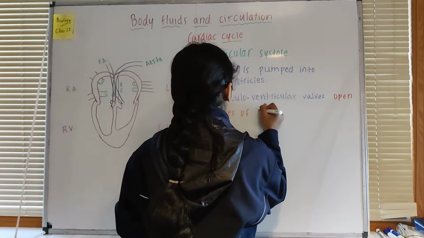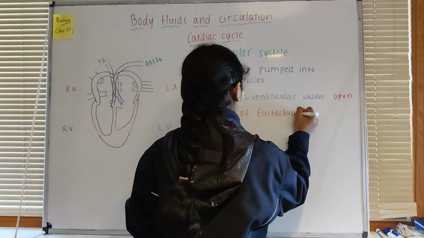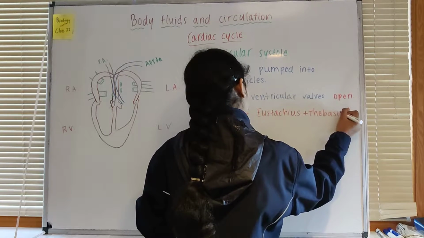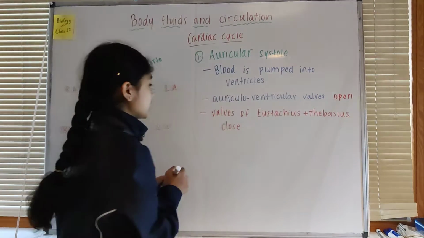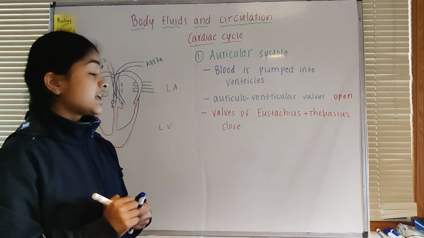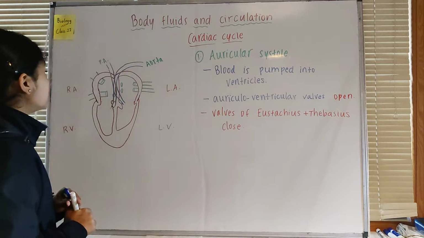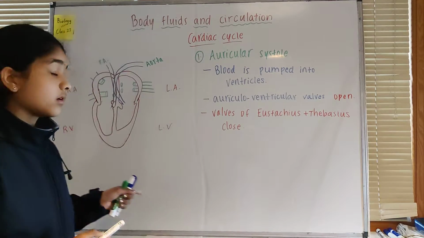Next, the valves of eustachius and thebesius close. Why are they closed? Let's see where they are.